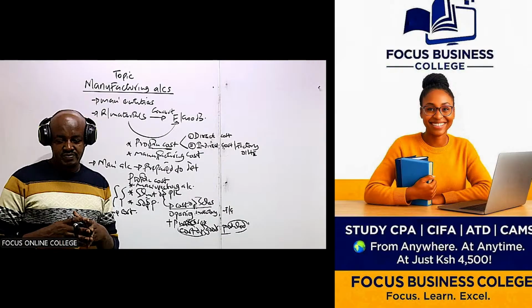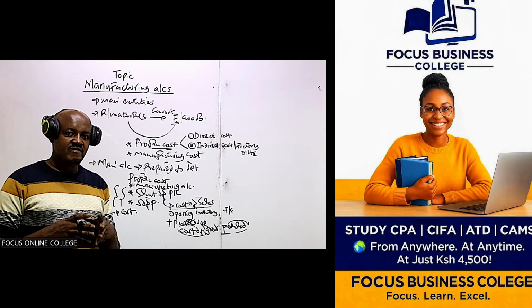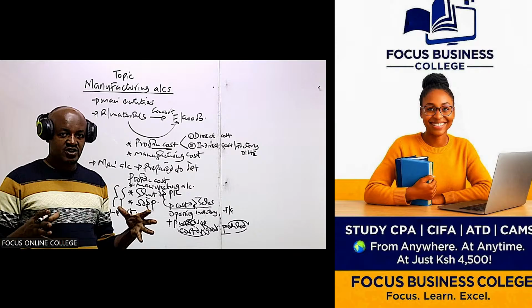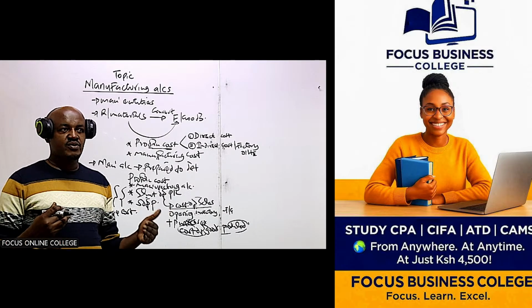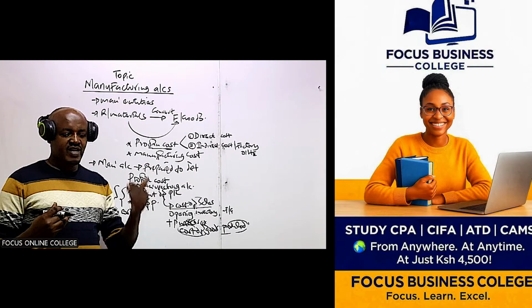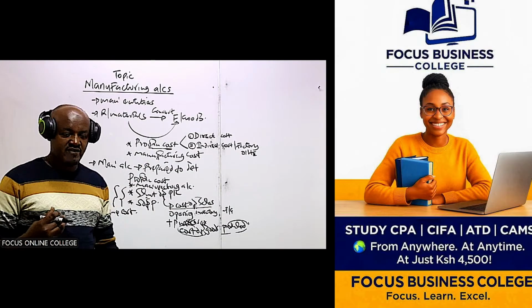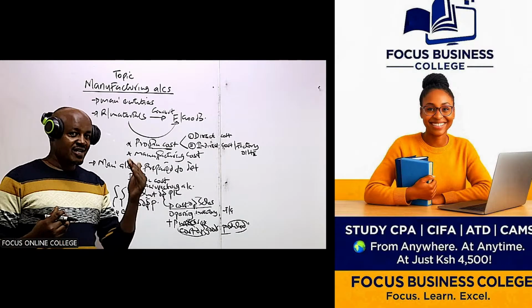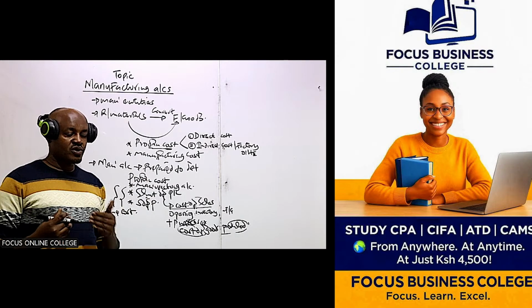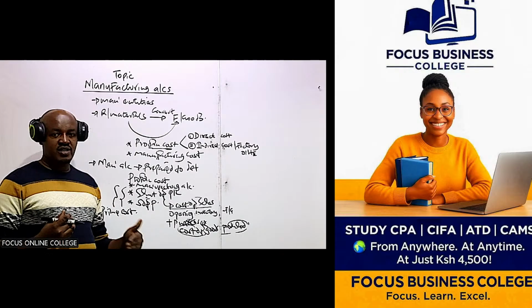These are those particular costs which are fixed. Even if the level of production changes, these costs do not change. A good example is rent. If a company is paying a rent of 2 million every month or every year, whether the company produces or not, that rent has to be paid. So it's a fixed cost. It's an indirect cost. It is a factory overhead.